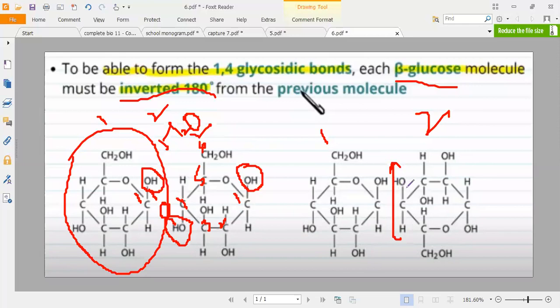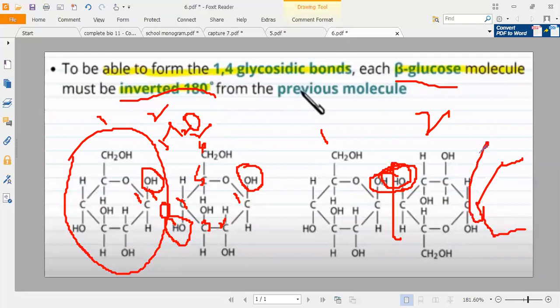So the hydroxyl group comes along with this hydroxyl group. When they come together like this, water is removed and oxygen makes a bond between these two molecules. So when the next molecule is combined, condensed with this one, what will happen?